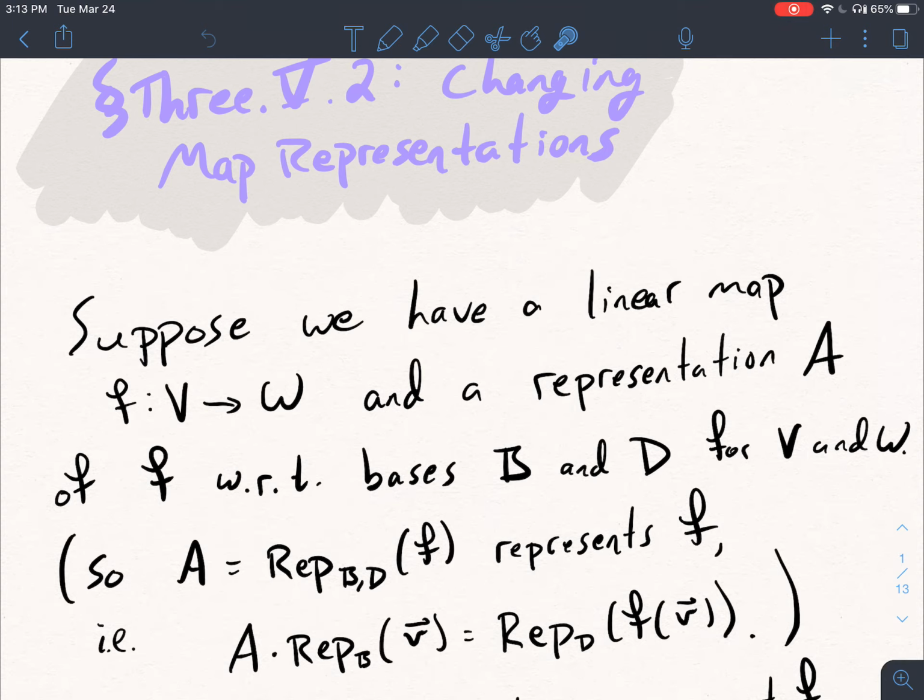So v, you can write it as a linear combination of the basis vectors from B, and the coefficients of that linear combination get thrown into a vector, which we call the representation of v with respect to B. So anyway, this vector, if I multiply it by my map representation on the left, then that gives me a new vector, and that vector will be the representation of f of v, now with respect to the basis for the codomain D.